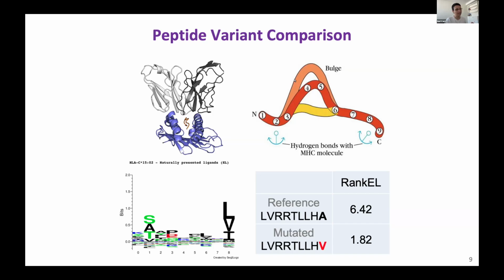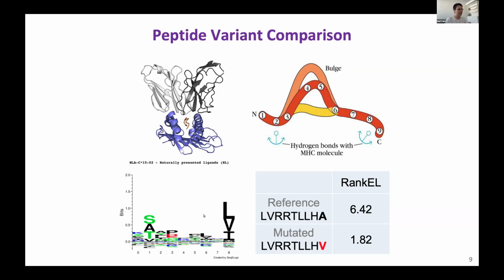And then the central positions of the peptides are exposed to being recognized by the T cell receptors. So anchor positions are super relevant for us to predict interaction between the MHC molecules and our peptide candidates.